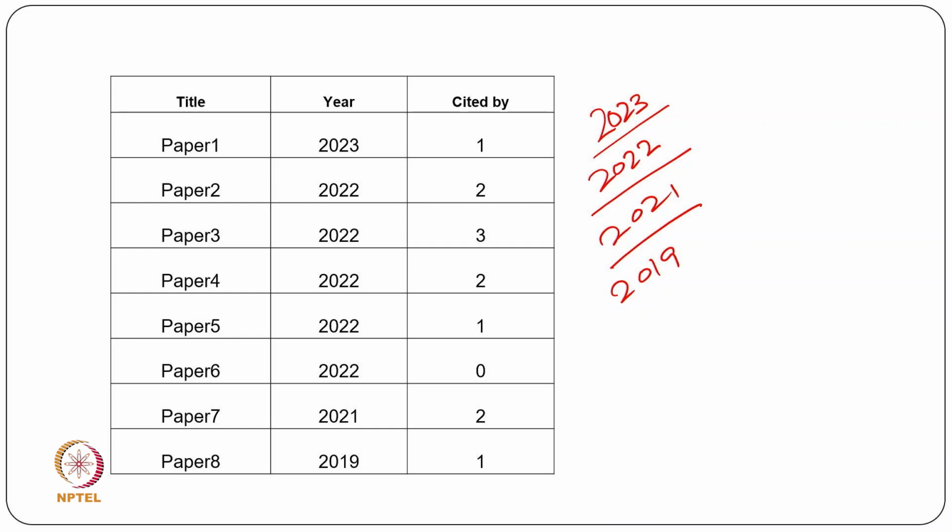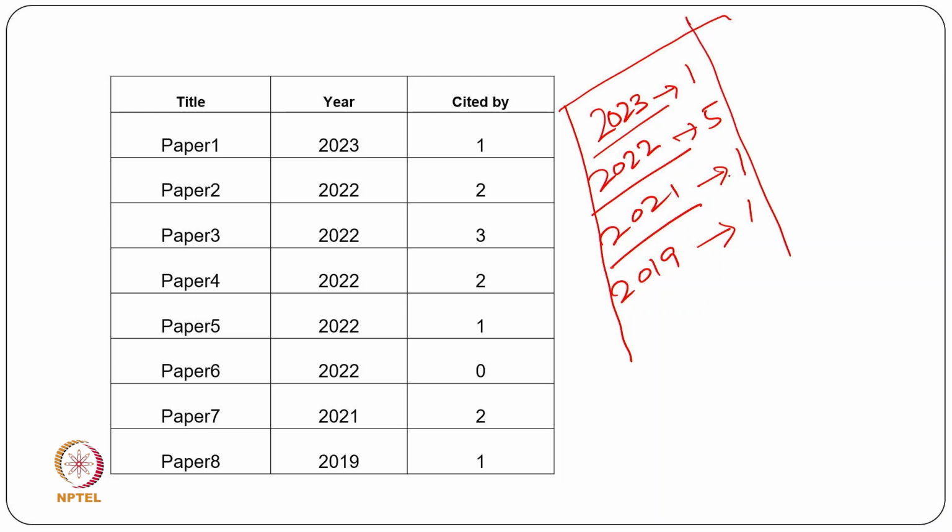Now we will count the number of publications in each year. In 2023, the occurrence is only 1. Then 2022: 1, 2, 3, 4, 5, so 5. Then 2021, 1. And then 2019, 1. Okay, so this is the frequency of this particular data set.